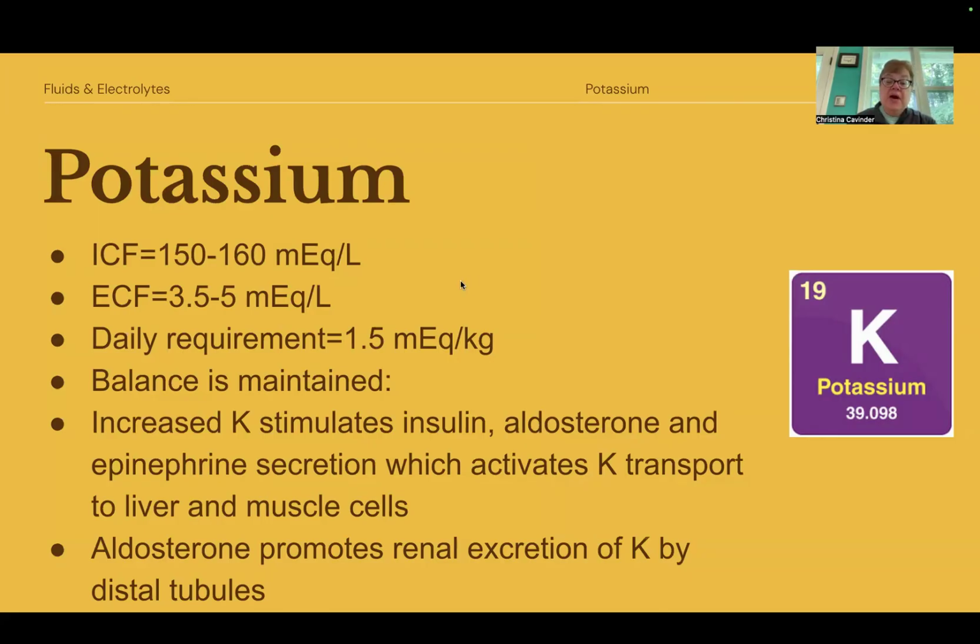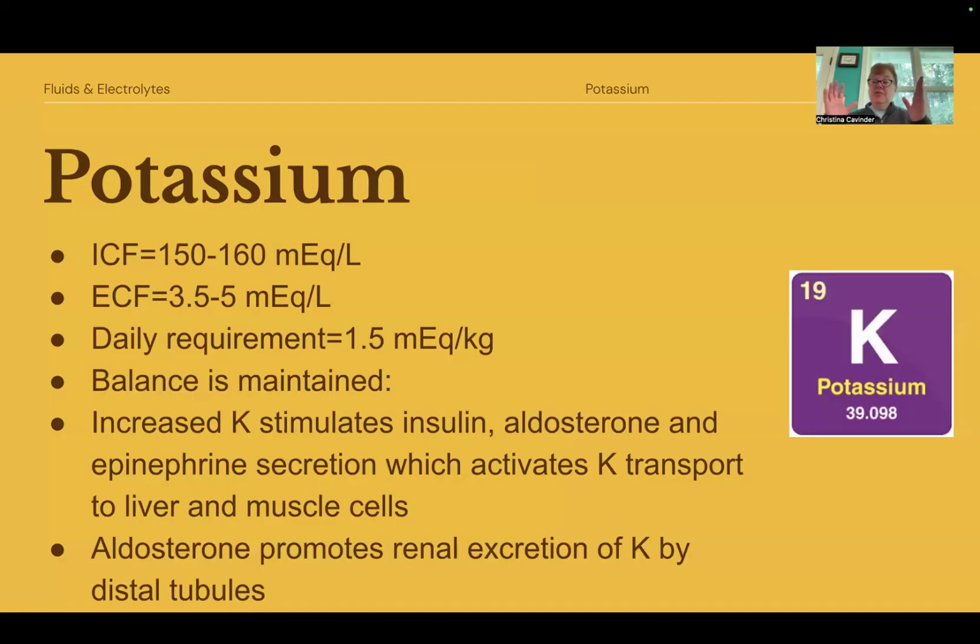The daily requirement for potassium is 1.5 milliequivalents per kilo. The balance is maintained as increased potassium stimulates insulin release, and aldosterone, which remember is from the adrenal gland, a mineralocorticoid, and epinephrine secretion, which activate potassium transport to liver and muscle cells.